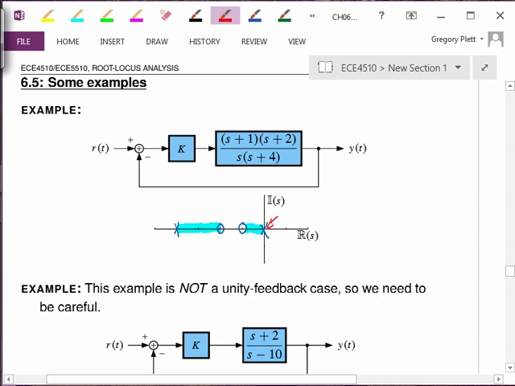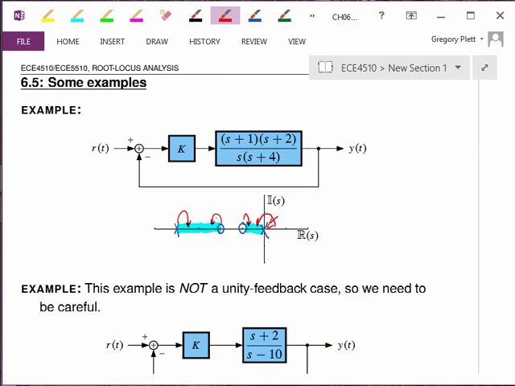We would look for multiple points. We would find none. We look for departure angles. We would find that this departure angle is 180 degrees and this one is 0 degrees. We'd look at arrival angles. We'd find out that that one is 0 and that one's 180. We could do all those things, but we'd find that this, in fact, is the root locus. So that one's pretty straightforward.